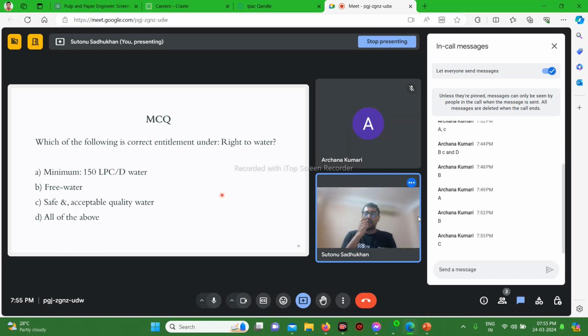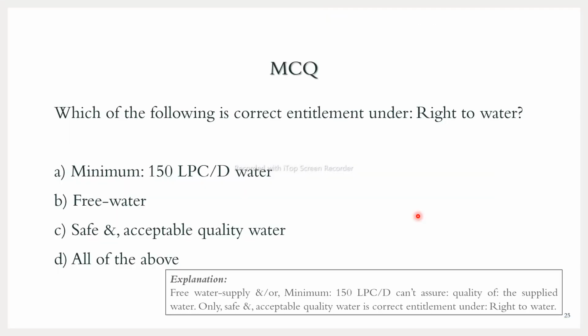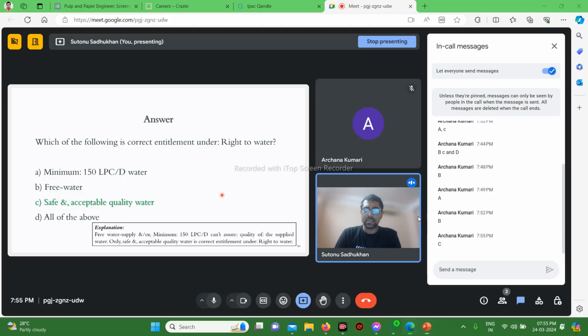Option C you are saying. I think it is the correct option. Let's see the explanation. Free water supply and or minimum 150 liter per capita per day cannot ensure quality of the supplied water. Only safe and acceptable quality water is the correct entitlement under the right to water. So you have answered it correctly.